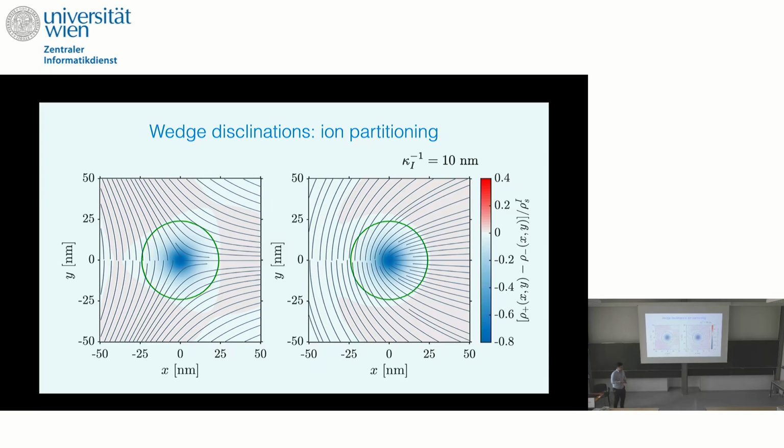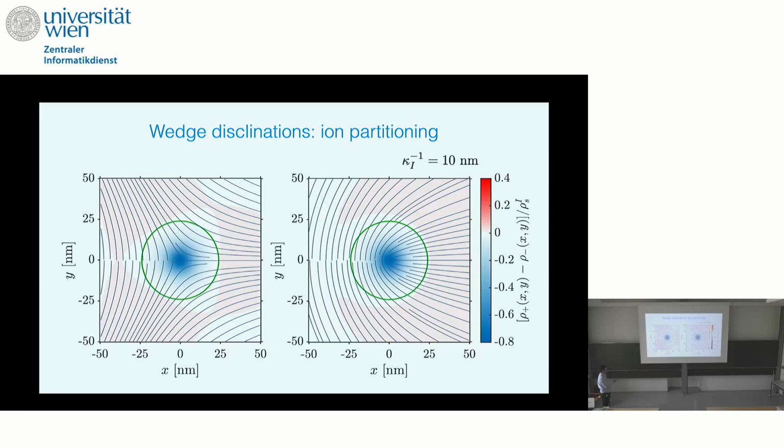So first we looked at the effects of ion partitioning. This is basically an effect that says whether the ions prefer to be in a liquid phase or in a nematic phase. And indeed what we found is that using this effect, depending of course on system parameters, there is a possibility that ions can preferably reside in the center of a defect core.